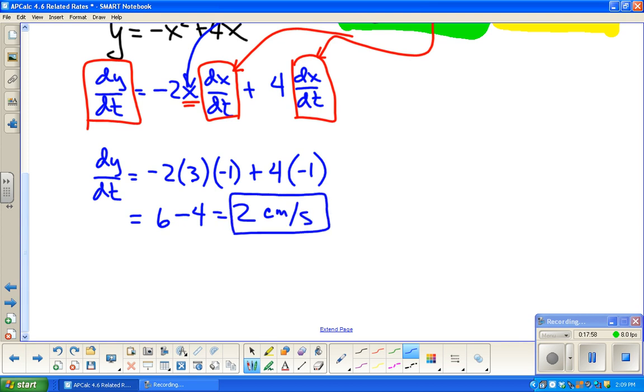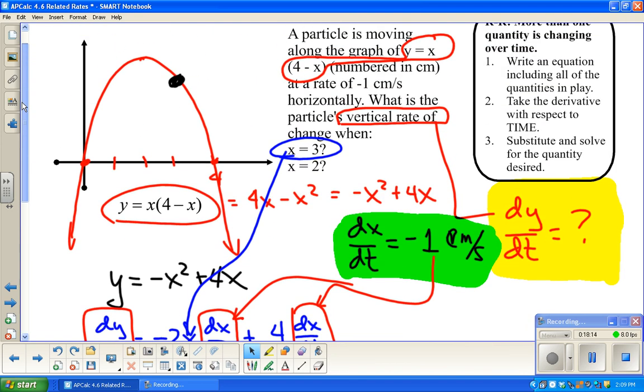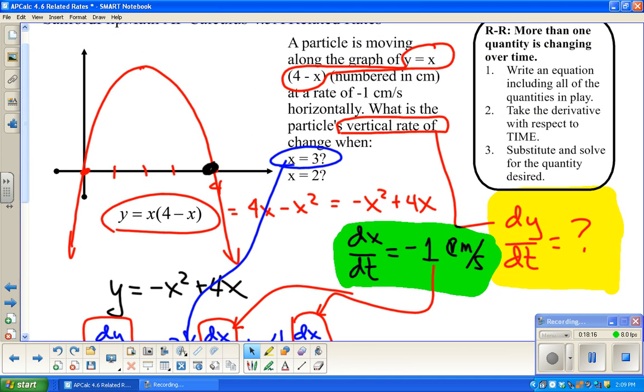What's interesting to me is this is positive. So what does that mean? This really means that y is actually in the process of going up. Now let's go back to the graph. It said when x is 3, now remember this thing's moving to the left, but I'm stuck on this track. So it's moving this way at -1 centimeters per second to the left, but it also has to stay on the track.